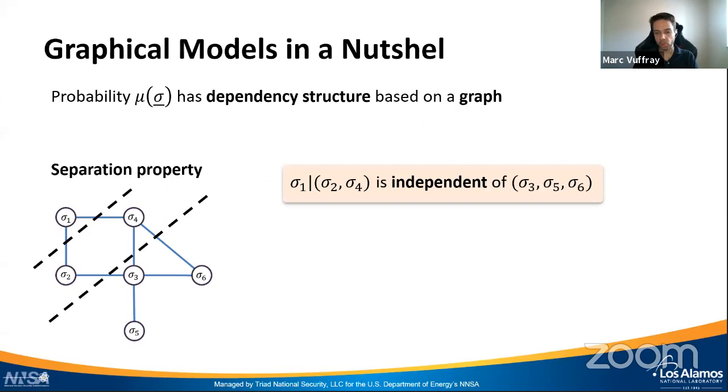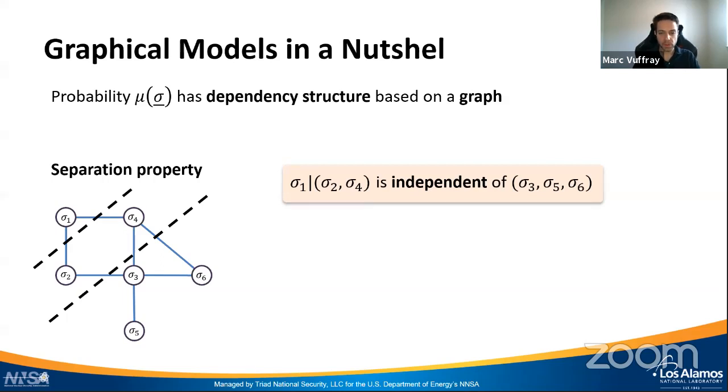As you saw before, this is the Markov random field property: you consider a certain distribution where you have independence relationships between the variables. For instance, you know that sigma 1, one of the variables in your problem, conditional on sigma 2 and 3, is independent of the rest. And if you know that this kind of relationship holds in the problem you want to learn, then graphical model language is adapted to represent such a distribution.